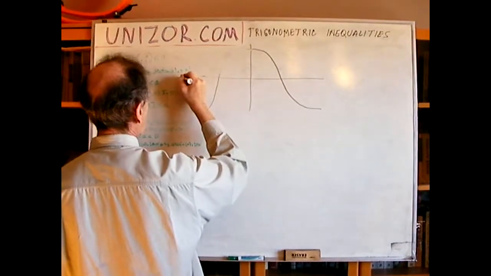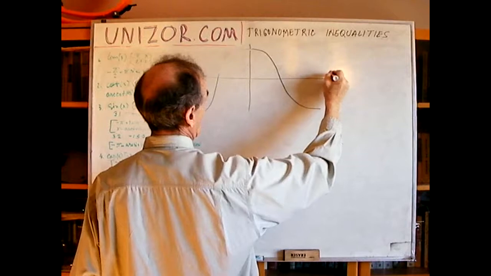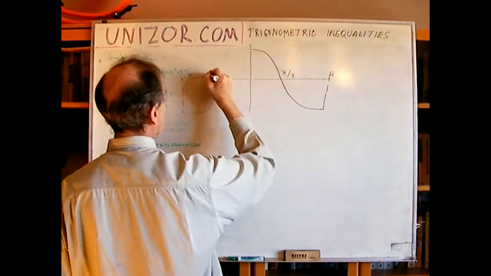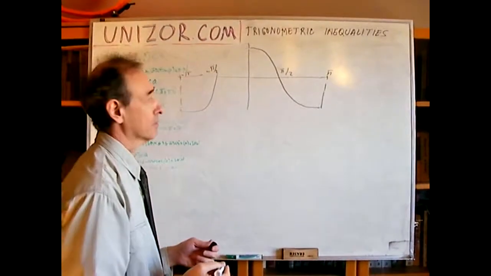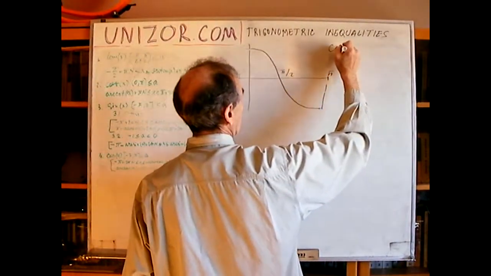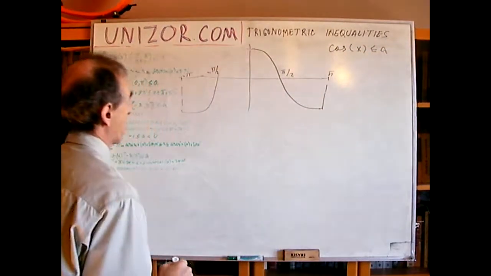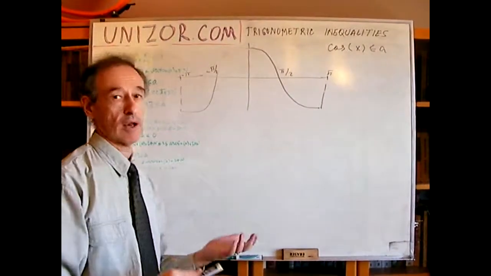It's symmetrical, also from minus pi to pi. This is pi over 2, and this is minus pi over 2. And the situation is basically very similar, in that it all depends on the value of a.